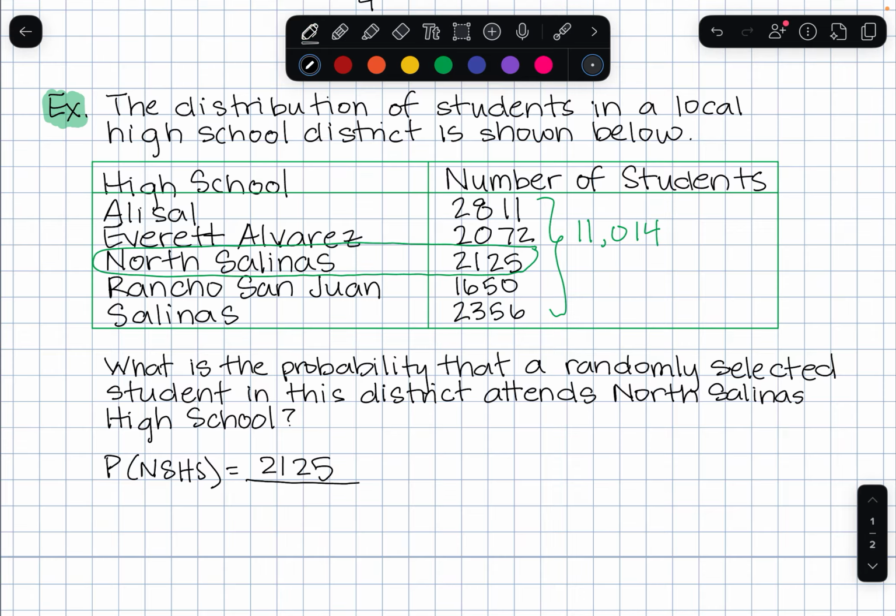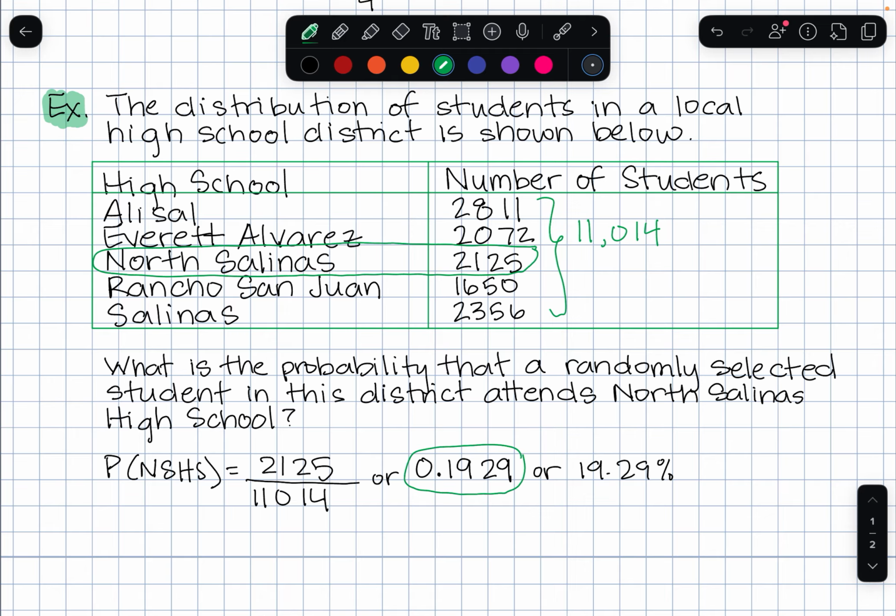So the denominator of my probability fraction is 11,014. And I'm going to go ahead and convert that into a decimal. So 2125 divided by 11,014. And I get 0.19293626, keeps repeating, going over and over again off the calculator screen. Or 19.29%. Again, I would recommend reporting the decimal answer.